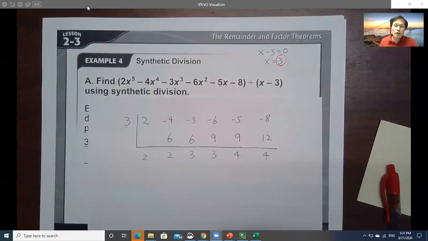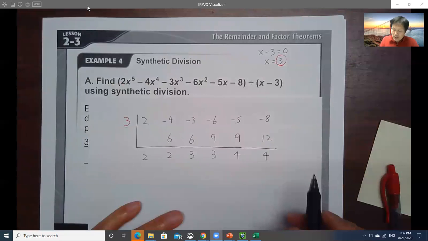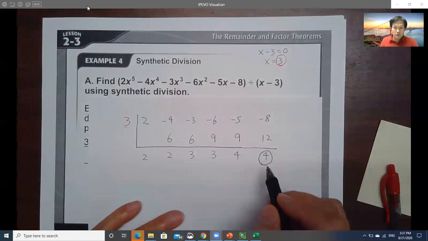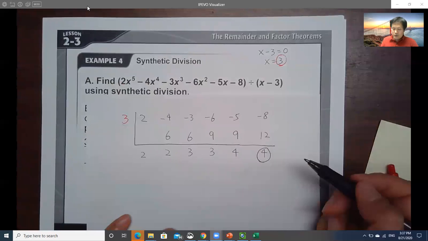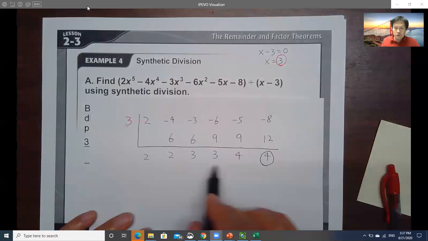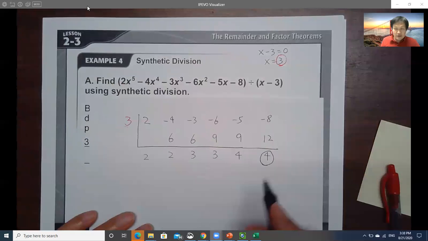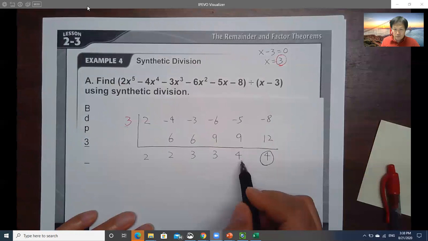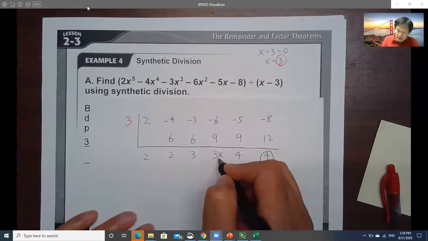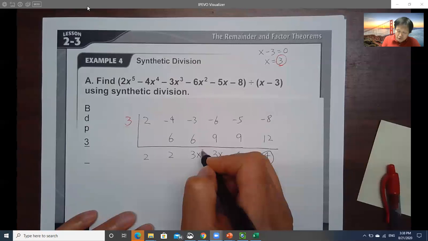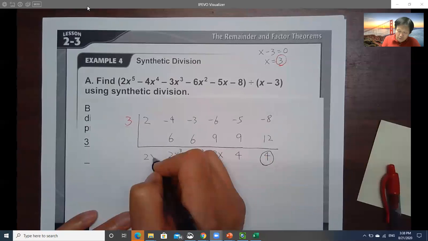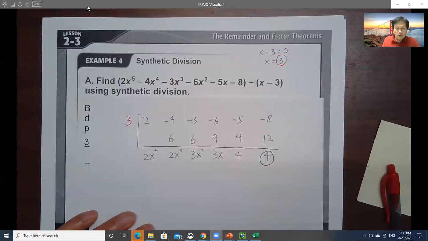Then you might say, okay, what do I do with all those numbers? The last number is the remainder. Okay? And the leftover numbers, here's what you can do. Last number, leave it alone. Then you put the x there: x squared, x to the third, x to the fourth, and just put a plus between.